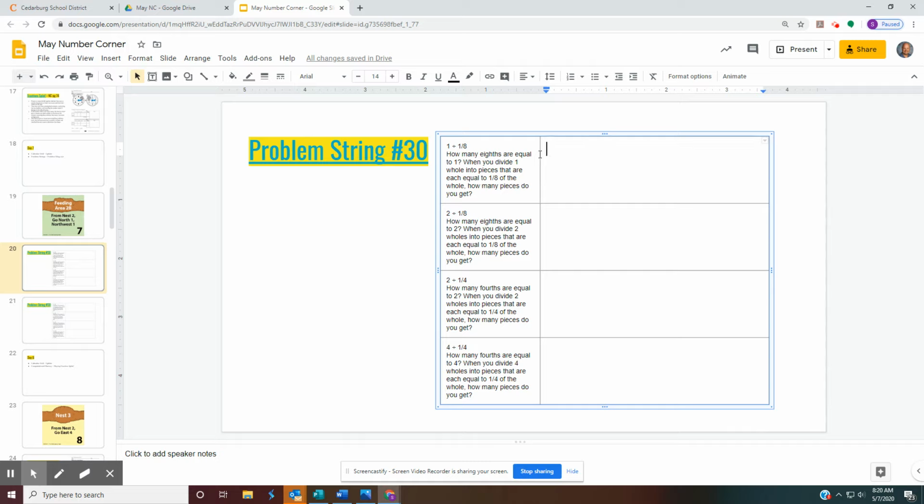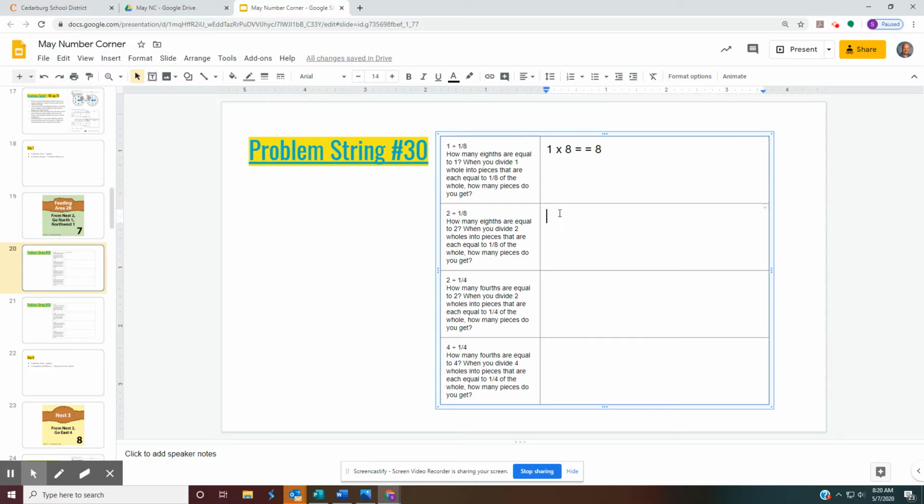I'm going to divide 1 pan of brownies into eighths, and they're wondering how many eighths we would have. So what do you think the answer is? Right, it's 8. I have 1 pan of brownies, and there are 8 eighths in a whole. So that should equal 8 pieces, right?